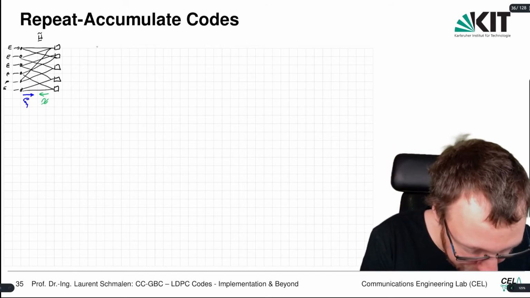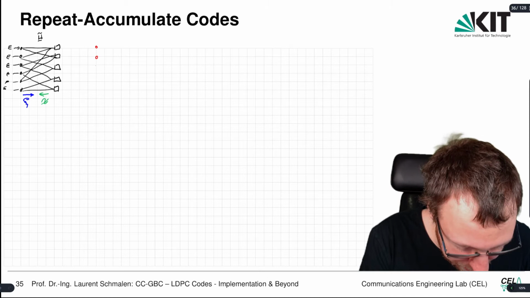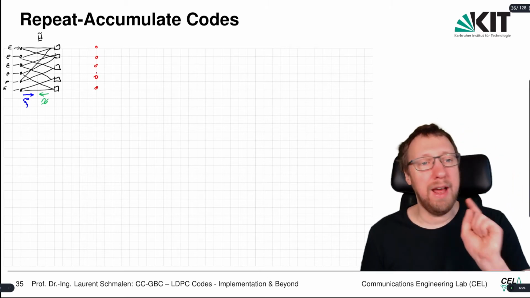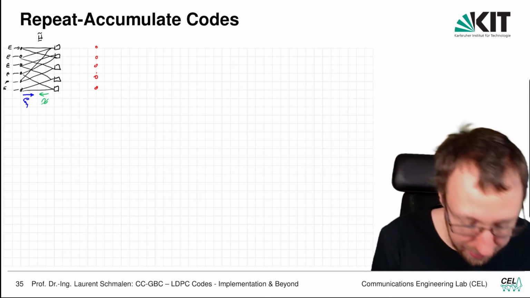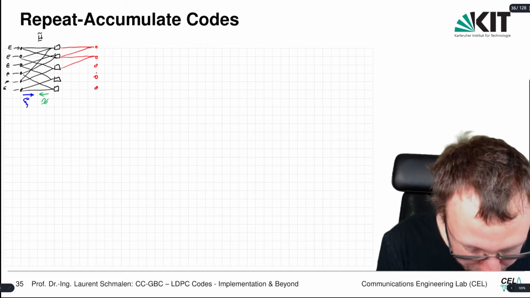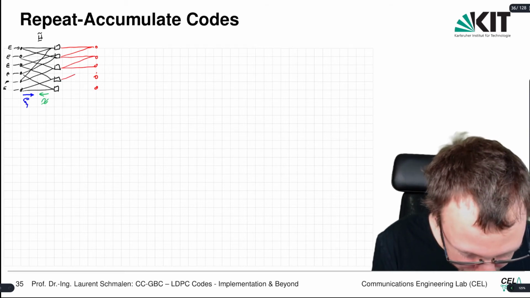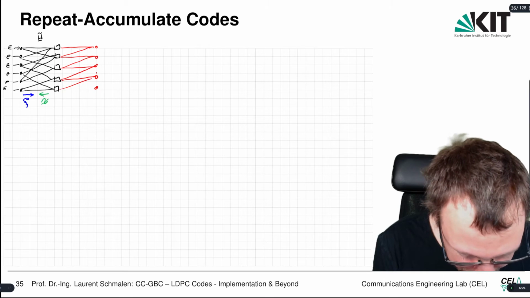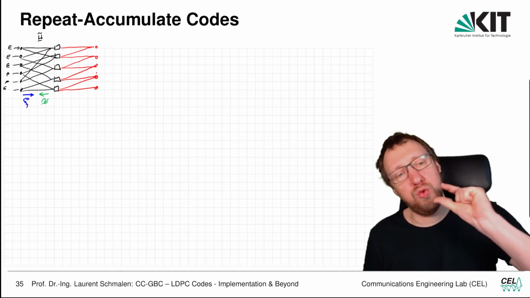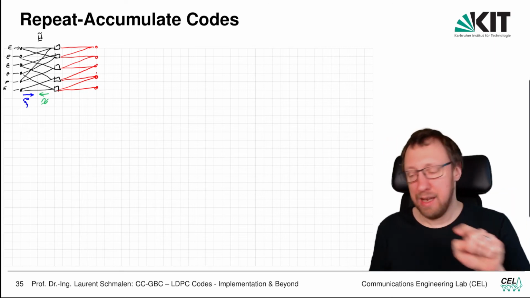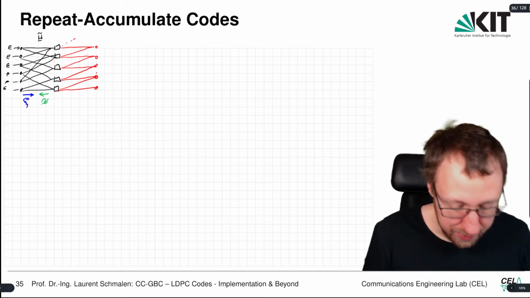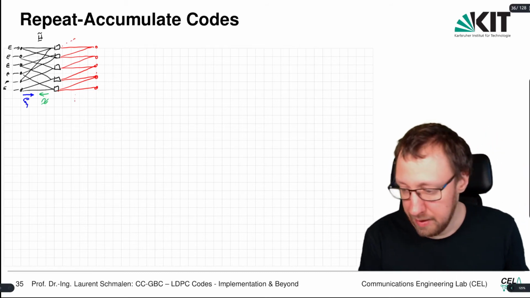So we have extra check nodes, variable nodes, and essentially for each check node, we have one extra variable node. And then we have those connections to this extra variable node, this very special structure. So this variable node is connected to a check node directly and the next check node. So it is always connected to two neighboring check nodes. So we have this zigzag-like pattern. And of course, we could continue this pattern down here.